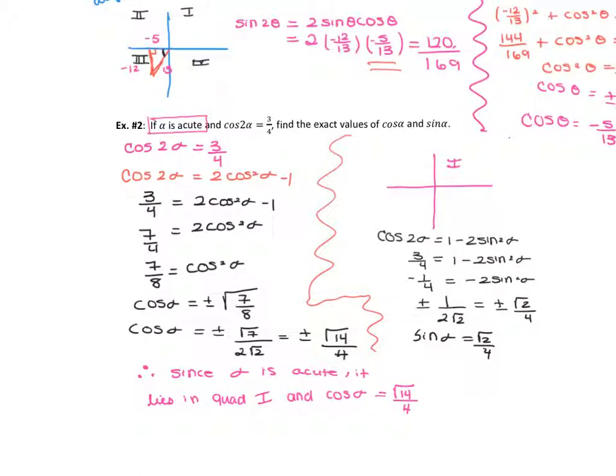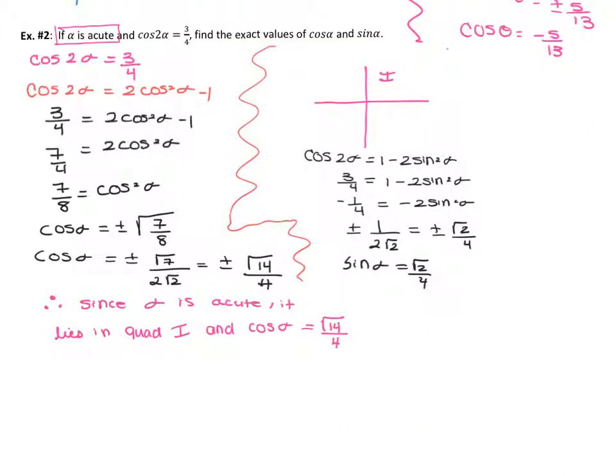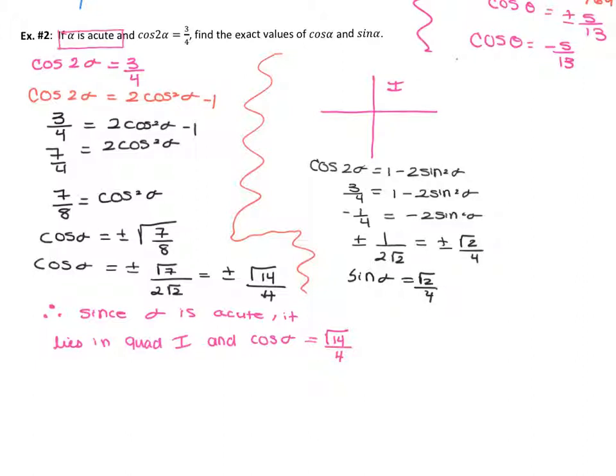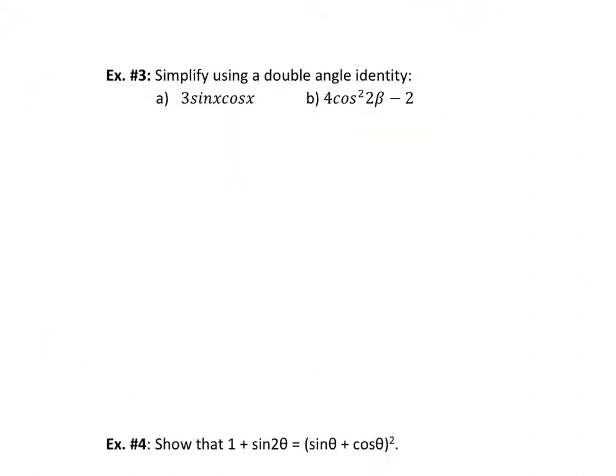All right. The ones before that, we needed to find sine and cosine, so we changed our cosine of theta to be either cosine or sine and solved for the corresponding cosine alpha and sine alpha. So, it says simplify using a double angle identity.